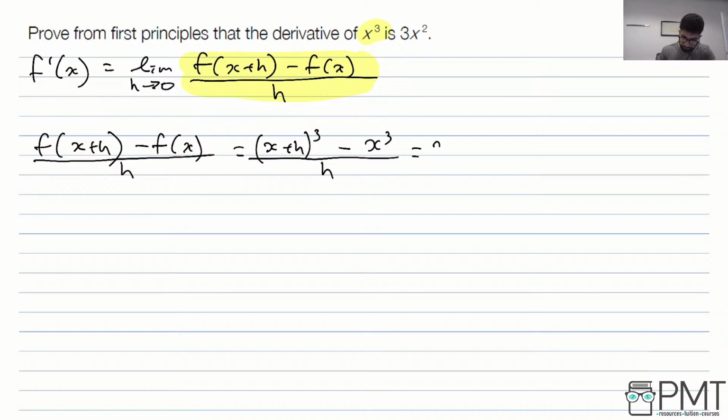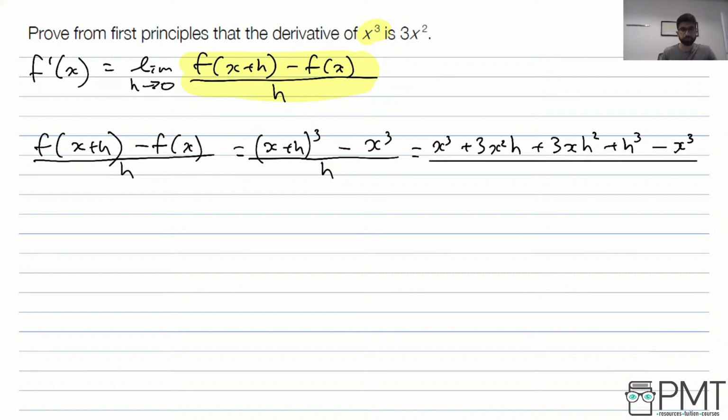So we have got x cubed plus 3x squared h plus 3x h squared plus h cubed, minus x cubed. We divide this by h. Have a look at what cancels: the x cubes go away. Then let's see what we can simplify.